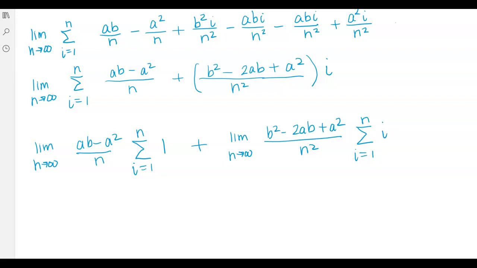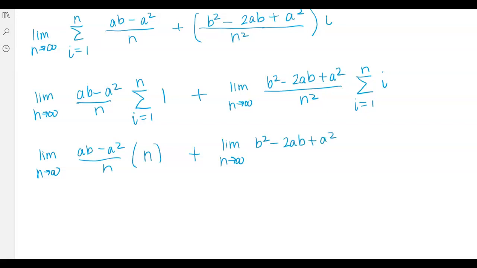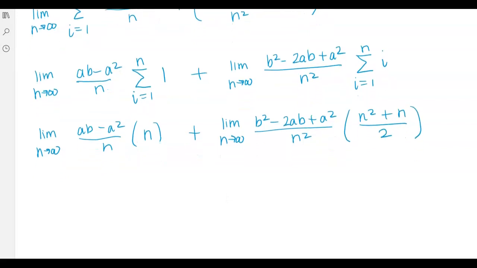Okay, so now we'll use the definitions for each of those summations. This changes to n. And this is going to change to n squared plus n over 2.